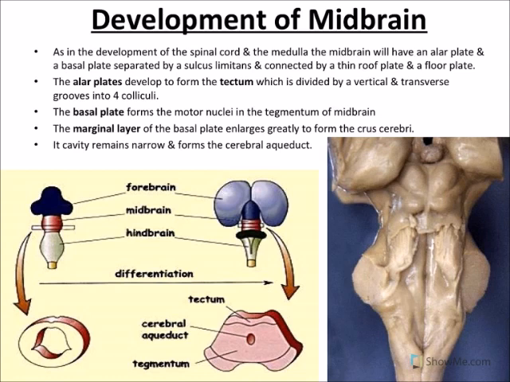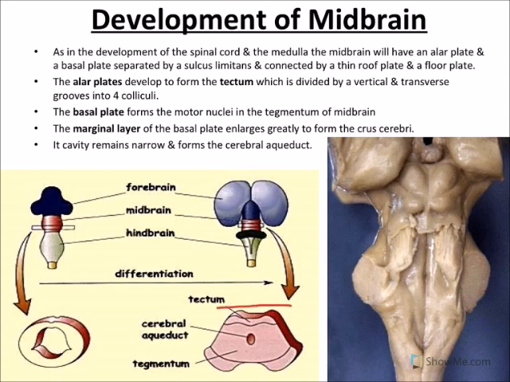The midbrain is developed from the mesencephalic vesicle of the neural tube. As usual, we have an alar plate and basal plate. The alar plates will develop into the dorsal part of the midbrain, and the basal plate will develop into the ventral part of the midbrain.